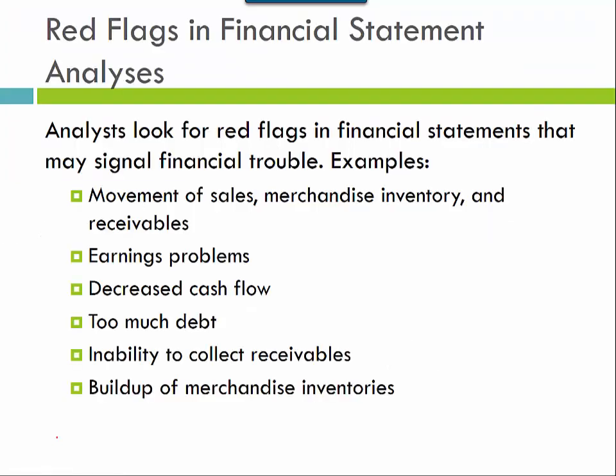The last thing in here is just some red flags to look for. Signals that a company could be in financial trouble. So, for example, sales, inventory, and receivables all usually move in the same direction.